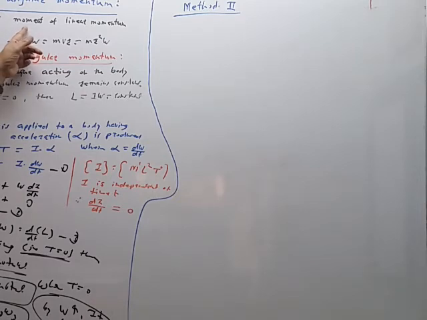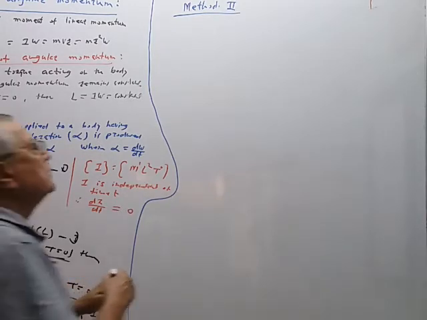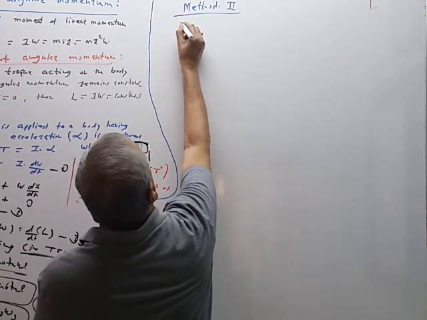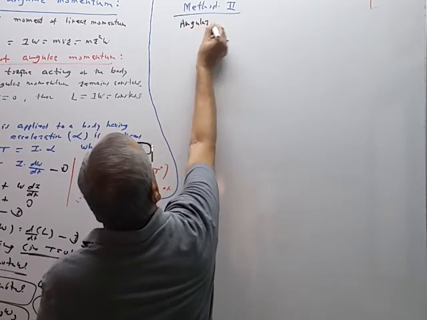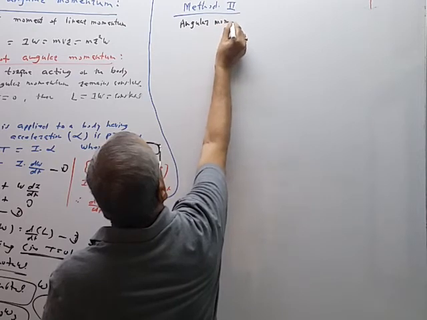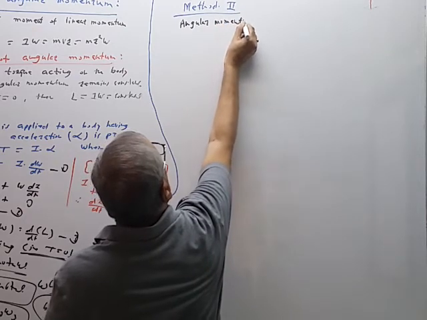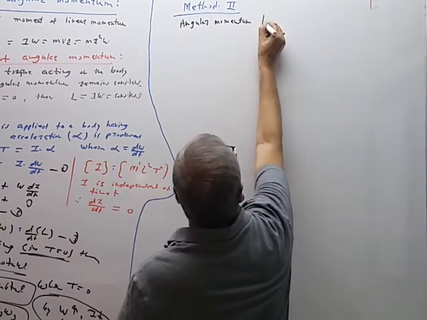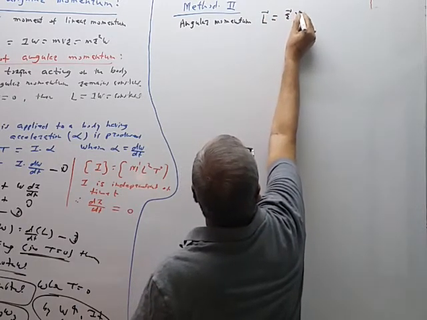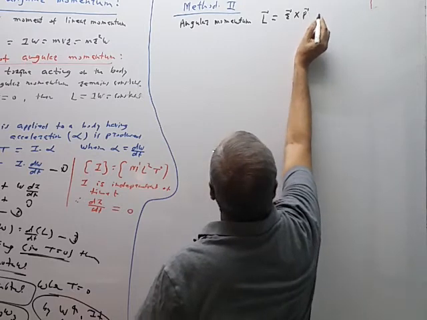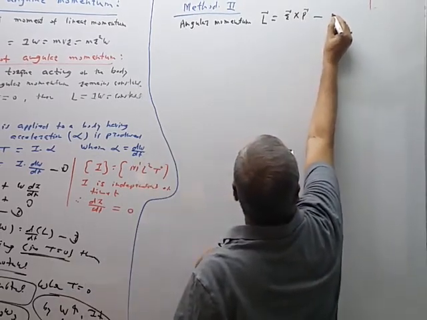Angular momentum is defined as moment of linear momentum in vector form. It is given by this. So I will use this equation directly. Angular momentum L is equal to r cross p, vector product. Say this is equation 1.